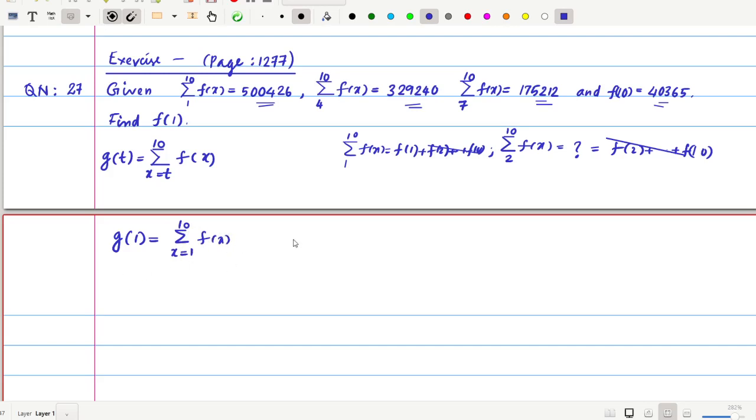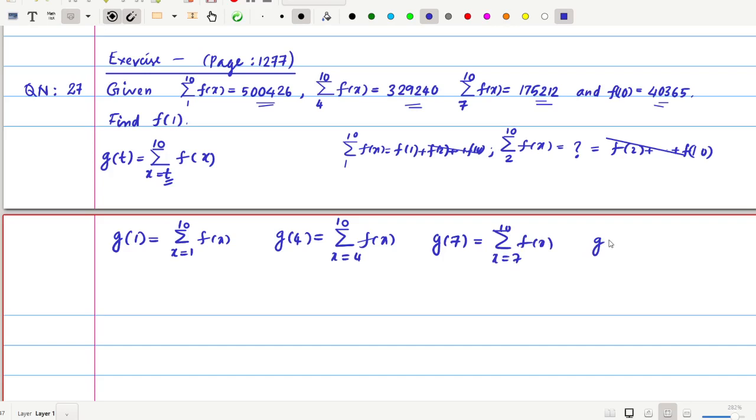Similarly, what is g of 4? g of 4 will be the summation x equal to 4 to 10 of f of x, where we replace t by 4. And g of 7 is the summation x equal to 7 to 10 of f of x.